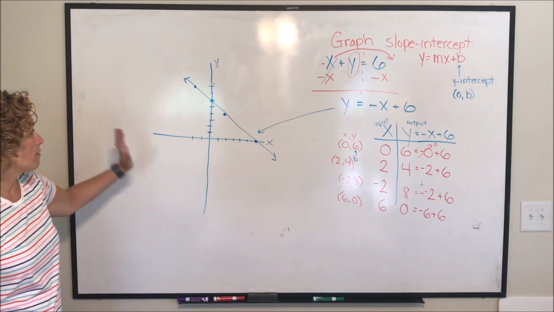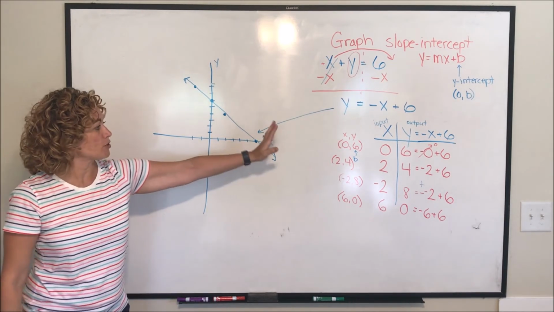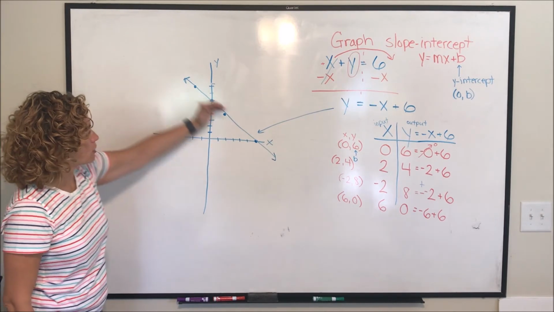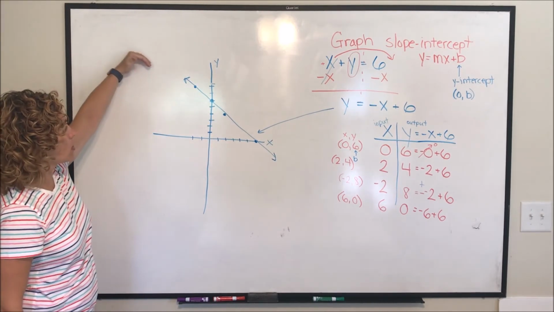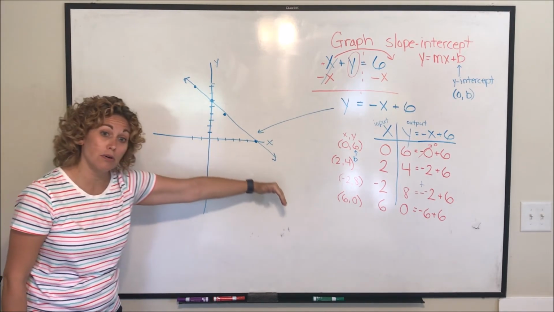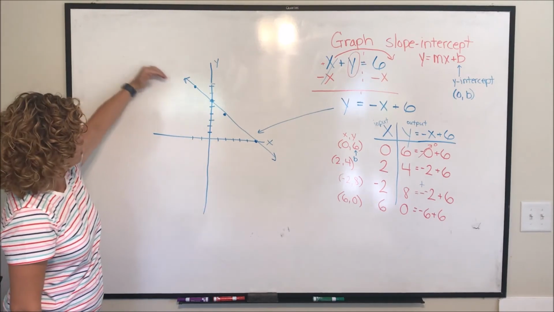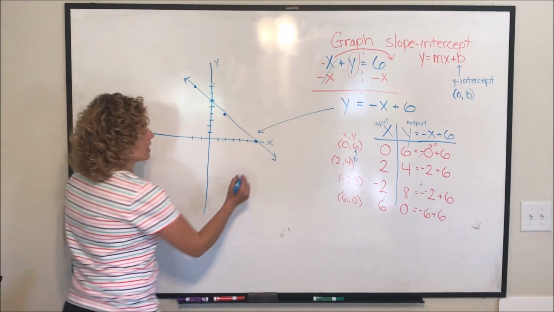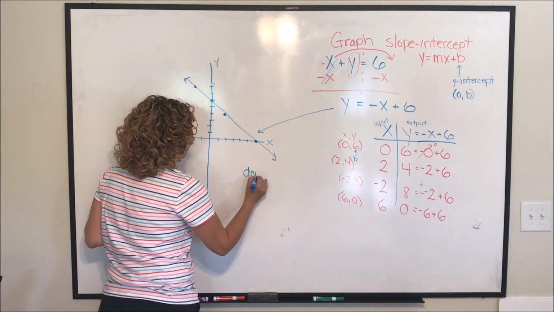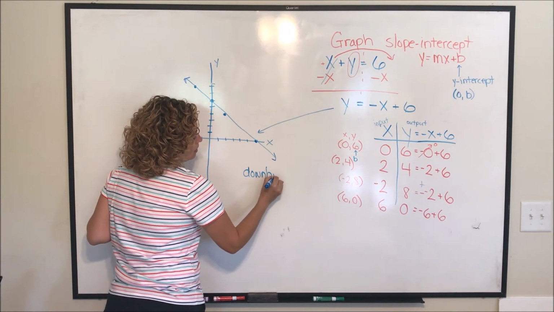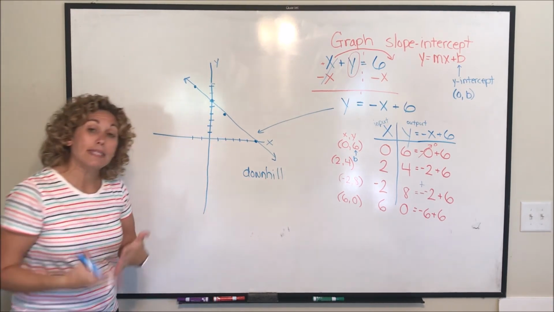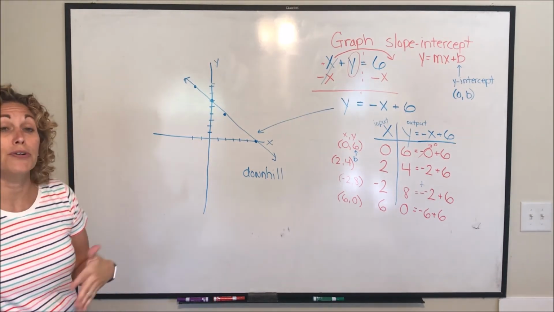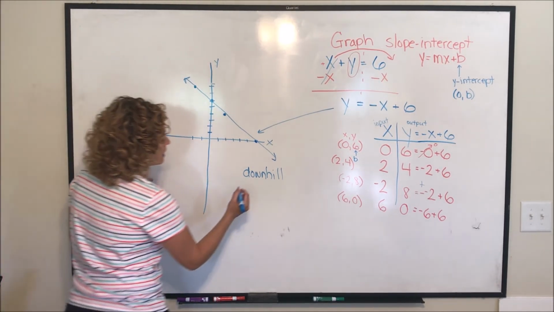When you look at your graph, just like in reading, we read from left to right. So if we go from left to right, what happens? Are we climbing a hill or going down a hill? That's right, we're going downhill. Okay? So if you're going downhill, are you positive or are you negative? You're negative.